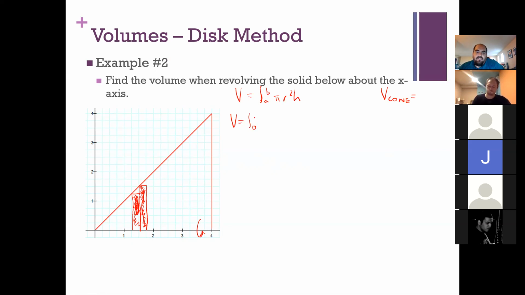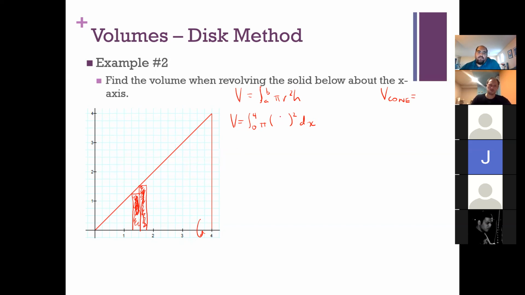Again, the limits are going to be 0 and 4. In this case, what's our radius going to be? The slope of the line.